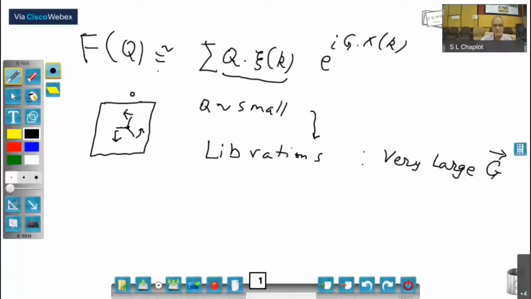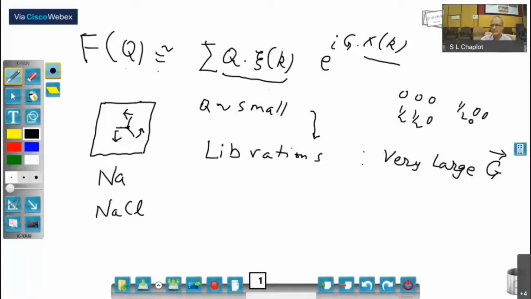There are some more things about how we choose G and so on. See, for example, for diffraction, if you have a simple structure like an elemental solid or a diatomic solid like sodium chloride, in that case, all the atoms are located at some high symmetry sites inside the unit cell, which means that these quantities x of k are typically like 0, 0, 0 or half, 0, 0, something.